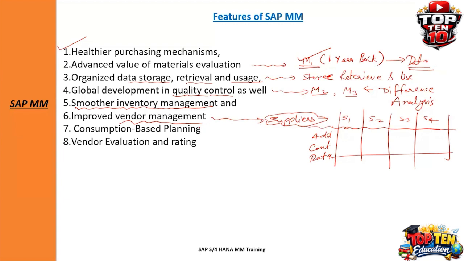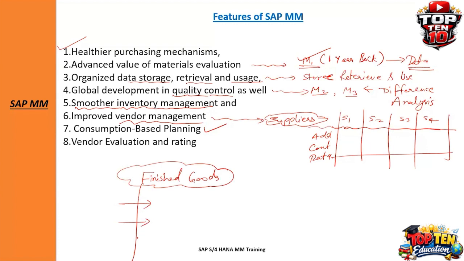Sometimes we call it consumption-based planning. Consumption-based planning means we have one product to be prepared as finished goods. In that finished goods scenario, there are many materials to be used.